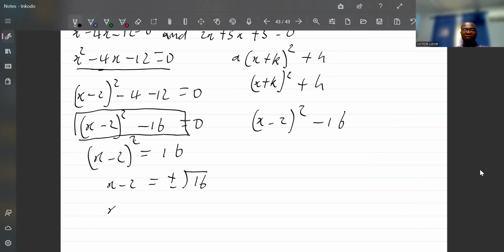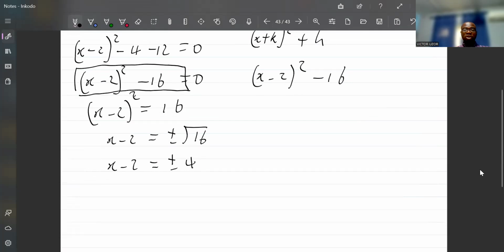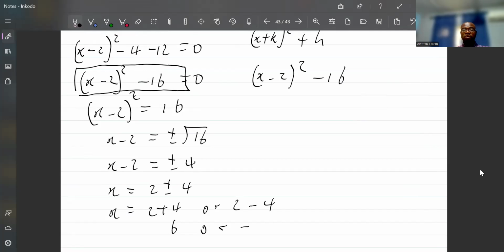So I'll have x minus 2 equals plus or minus 4, because the square root of 16 is 4. So x is equal to 2 plus or minus 4. If I split it, I'll have x equals 2 plus 4, or x equals 2 minus 4. So I will have 6 or negative 2 as my two answers.